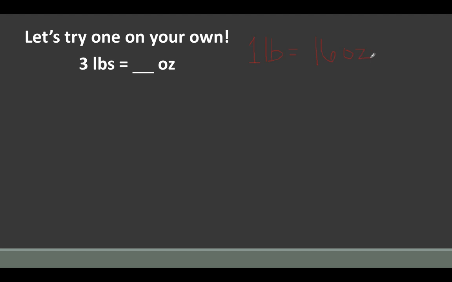So let's start with our model. We have a total of 3 pounds. And so my parts bar is going to be split into 3 pieces because each piece is 1 pound.